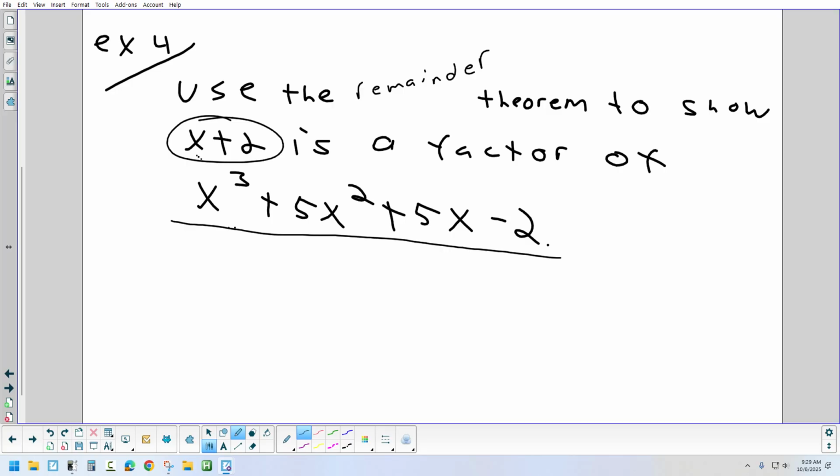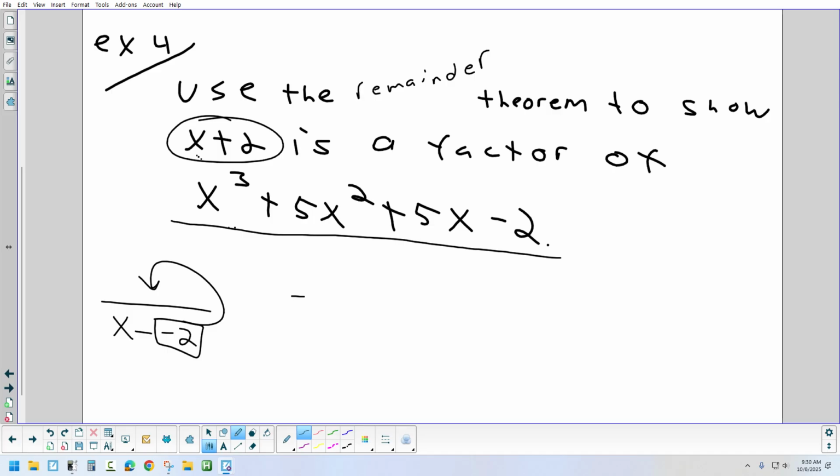So does the remainder theorem apply to this problem? Yes. What are we dividing by if we write it in that form? We're dividing by x plus 2, so what number are we going to plug in for x? -2. Fill that number into what would be in the top, x cubed plus 5x squared, and so on.